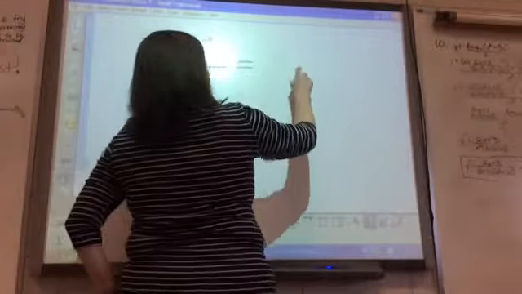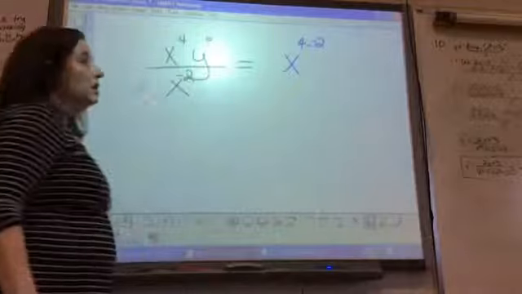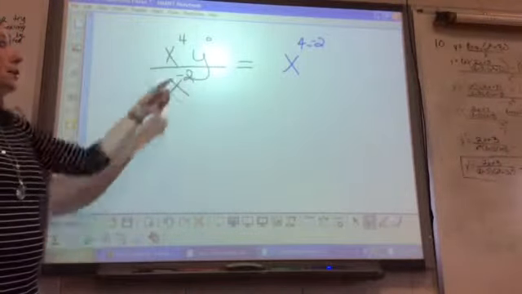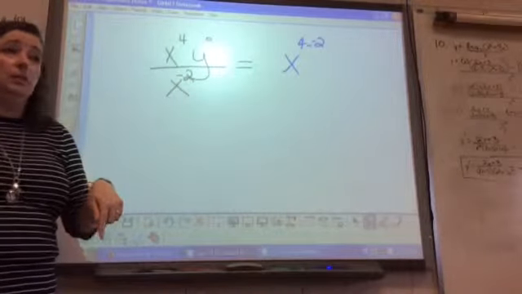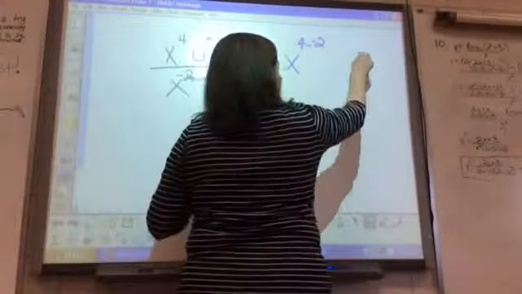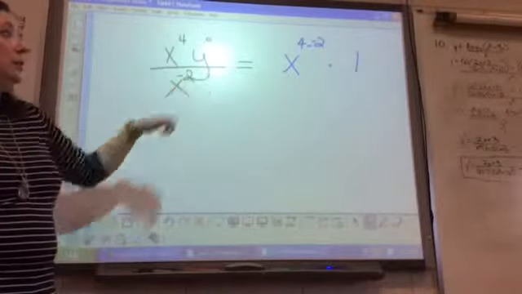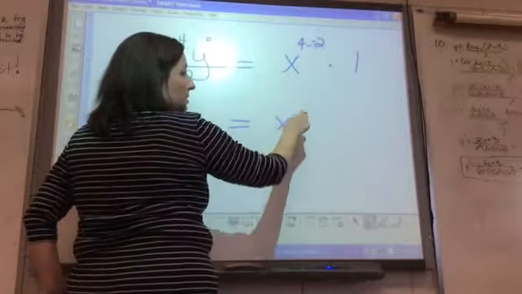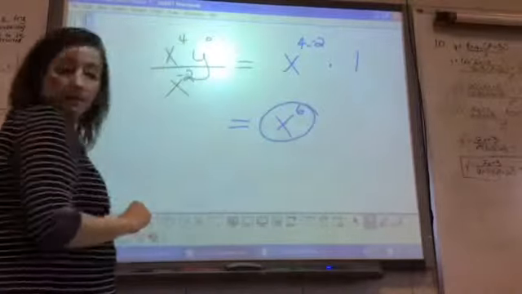So technically that's x to the 4 minus negative 2. 4 minus negative 2, so be careful. And then y to the 0 is really equal to 1. So technically that's times 1. No y, just 1. All right? So really all we've got is x to the 6 times 1, or just that.